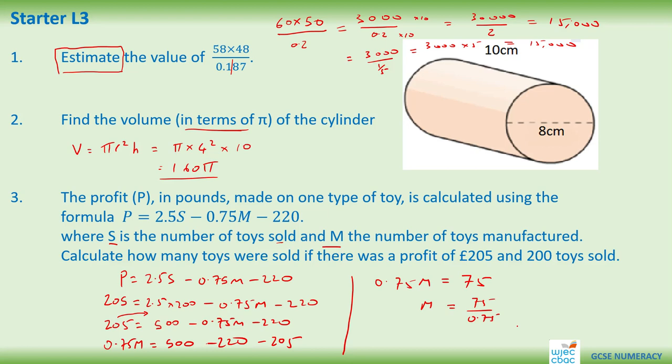Don't like to divide by decimals, so we multiply the bottom by 100, but multiply the top by 100. So it's going to be 7,500 divided by 75. 75 goes here one time, it's 75, 100. So m equals 100.